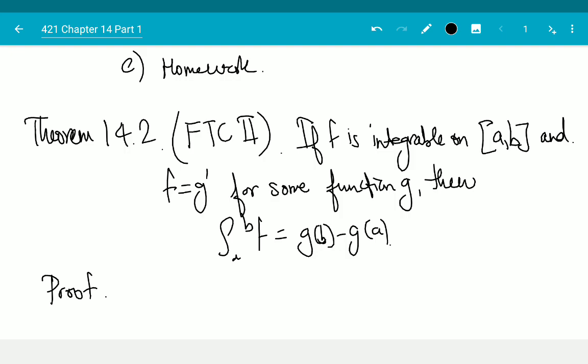And for that, all I need is f to be integrable and a derivative of some function, right? So this is actually a stronger condition than the corollary in a way, right? I'm saying that f is integrable rather than continuous, and it is the derivative. Okay, so let us try to show that this actually holds true.